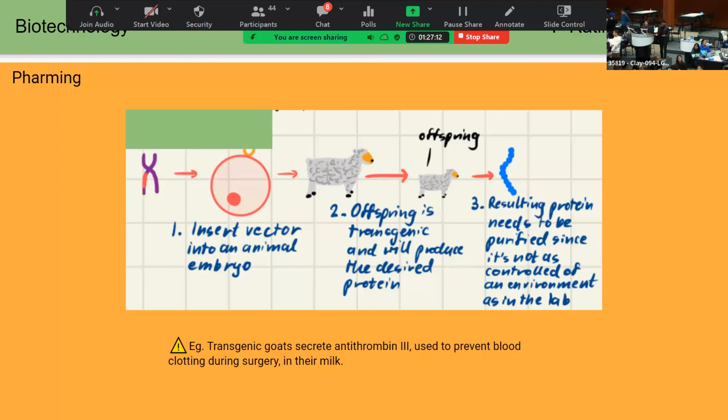Okay, we have a request to look at biotech in a bit more detail, because I just said to read it yourself. So I'll go over how a lot of this works. It'll be quite brief, just going over these different biotech processes.